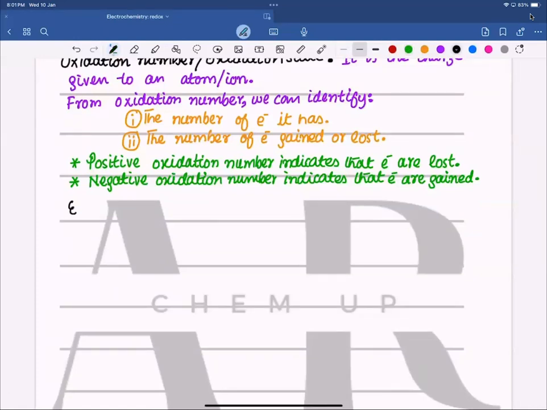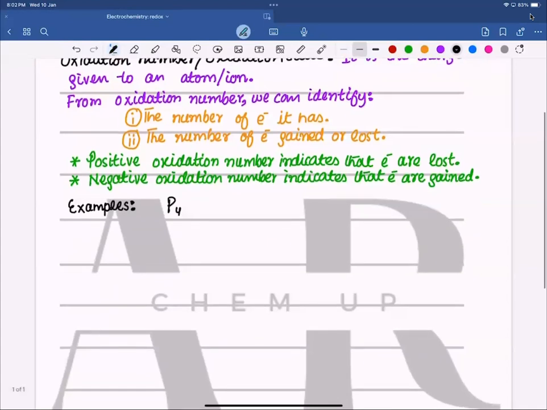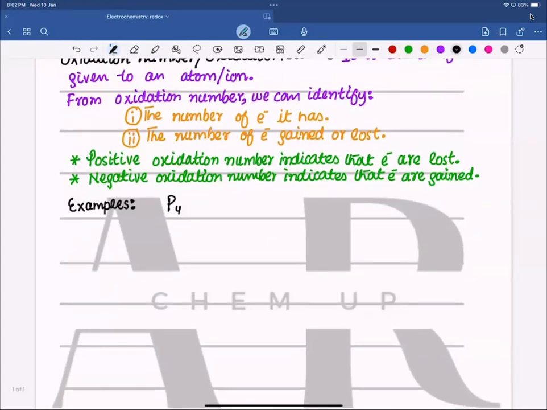So let's have a look at few examples. For example, there is P4. Then there is Zn2 positive, Ag plus 1, nitrogen 3 minus, which is called nitrite, and sulfur 2 minus.